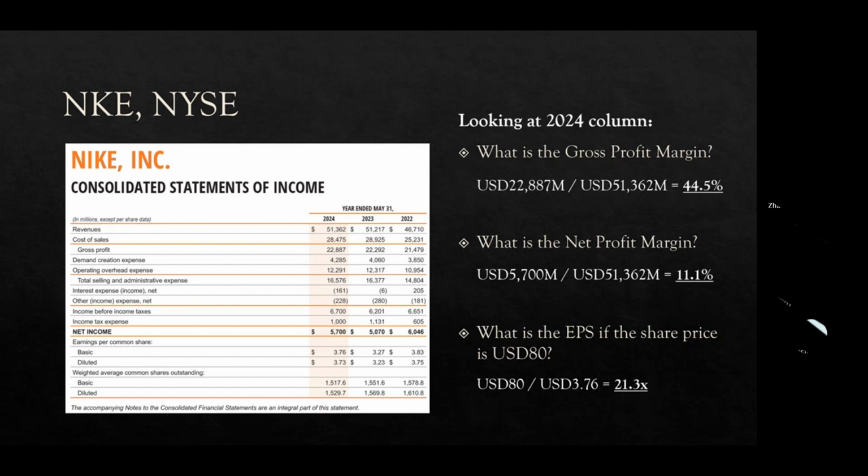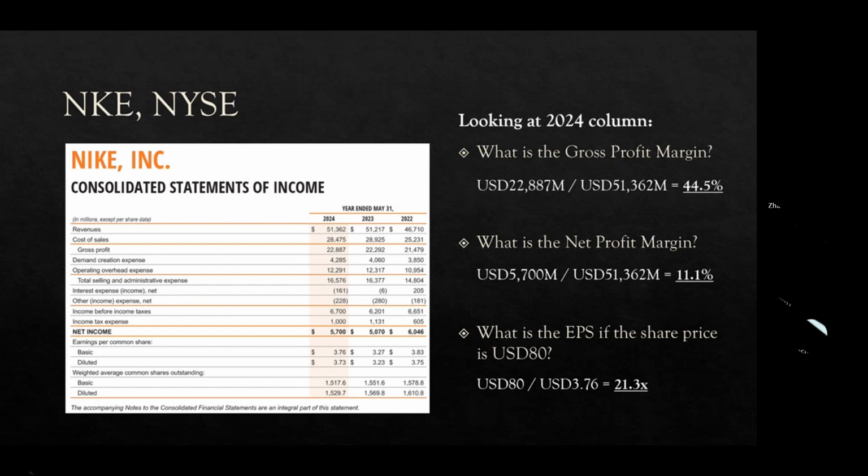Just now you said above 15 is considered expensive. But what do you need to do as the next step before you derive this conclusion? What I will do is, 21.3x at first glance is expensive.